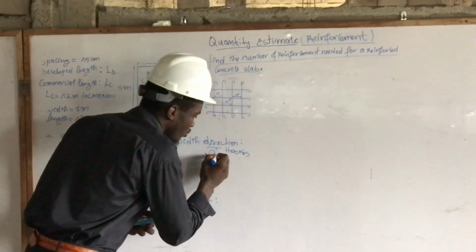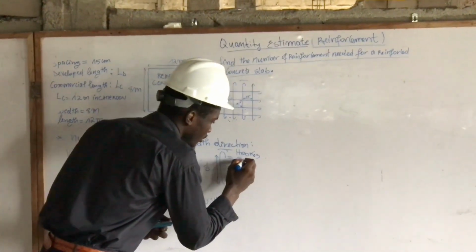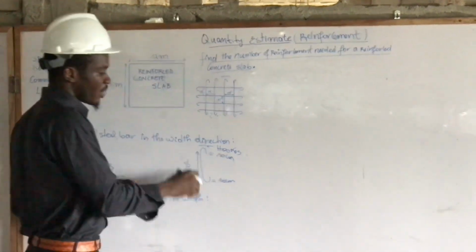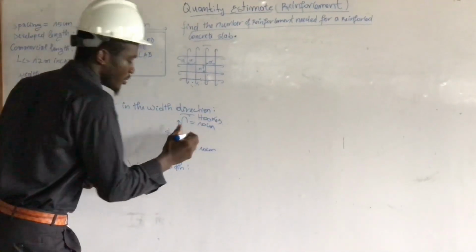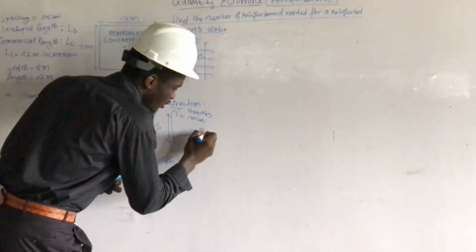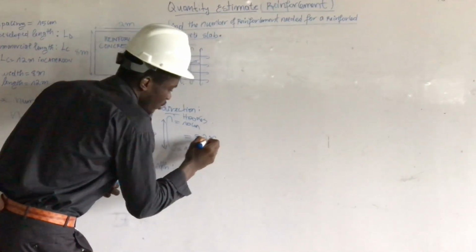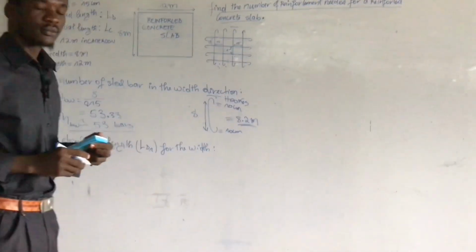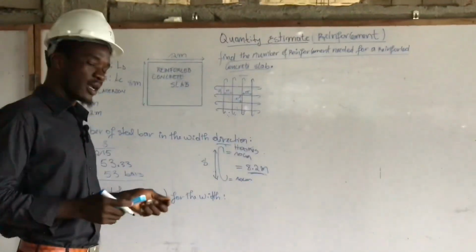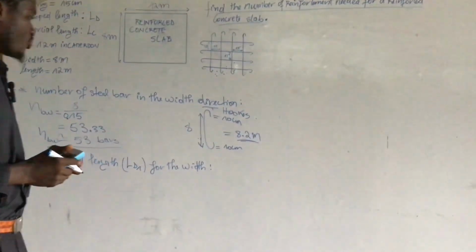The hooks here are equal to 10 centimeter length at both ends. At both ends we have 10 centimeter, which will give a final length for one steel bar for the width equal to 8.2 meter. So the final length of one steel bar in the width direction will be equal to 8.2 meter.